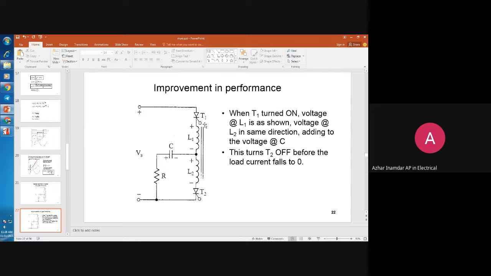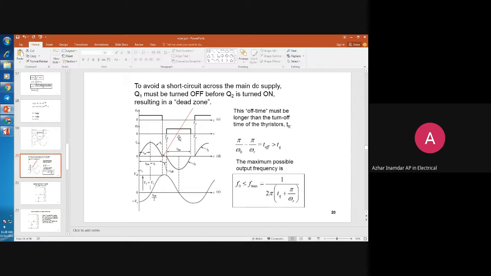So this one is forward biased, this one is reverse biased, and T2 can be turned off. The result of this topology is that the firing angle of one transistor or SCR will turn off the other, even before the load current reaches zero. This is the advantage: it will remove the dead zone.